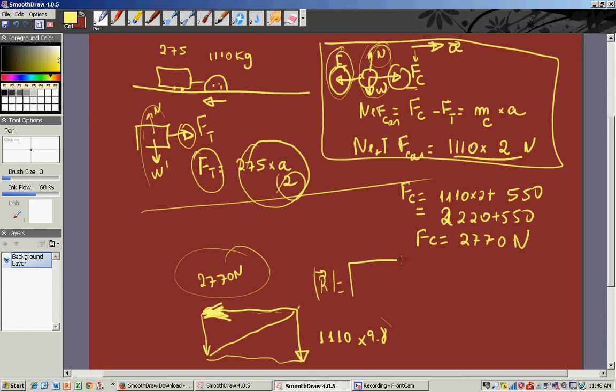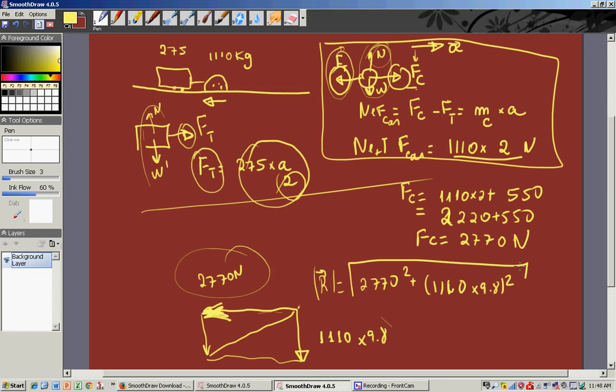That's it. So you have to take the square root of this squared plus this squared. So the magnitude of the resultant is going to be the square root of 2770 squared plus 1110 times 9.8 squared. Okay.